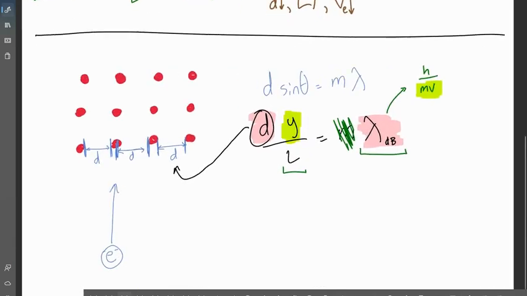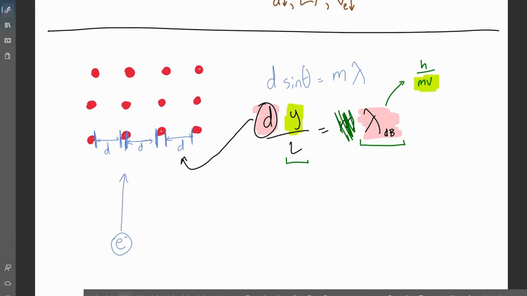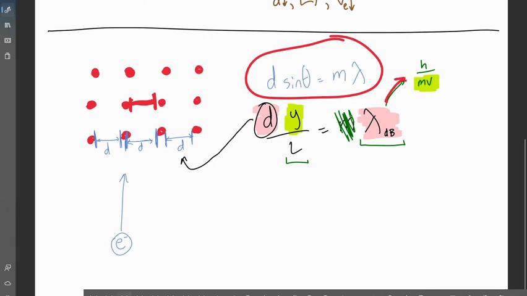But then down here, when you send a beam of electrons through a crystal that has a structure like this, we can take the spacing, and that spacing is essentially the spacing of a slit for a diffraction pattern. And then this equation applies, and you look at it like any other diffraction pattern. It's just your lambda, your wavelength, now in terms of the de Broglie wavelength, h over p, with mass and velocity.